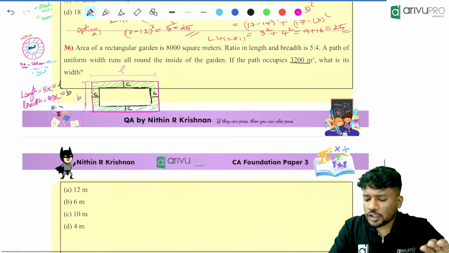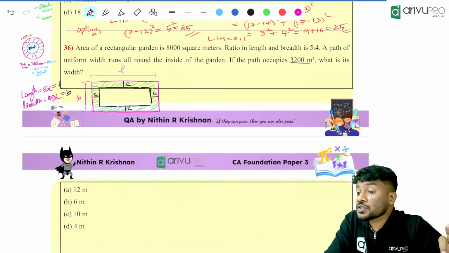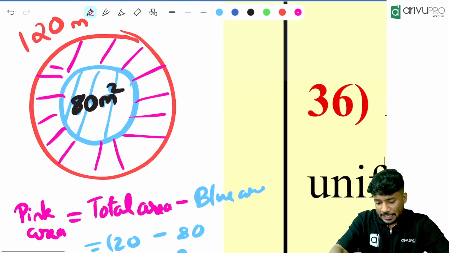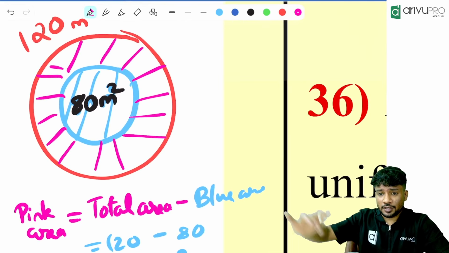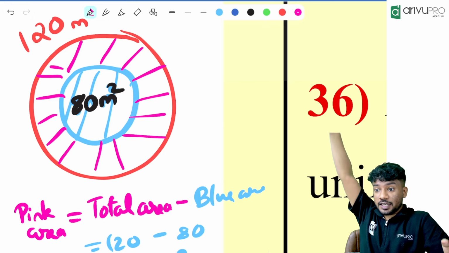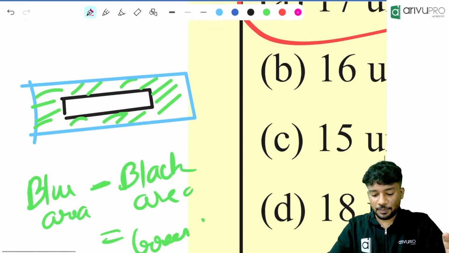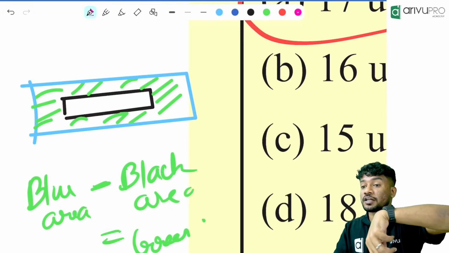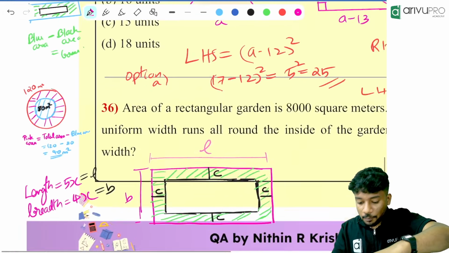Now, what all things are given in the question? The path occupies 3,200 meters square. Now, if this pink color was the path, what did I do over here? Total bigger circle area minus smaller circle area. Here, bigger rectangle area minus smaller rectangle area gave me the remaining area, or the path area.